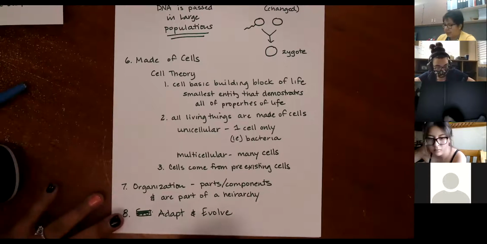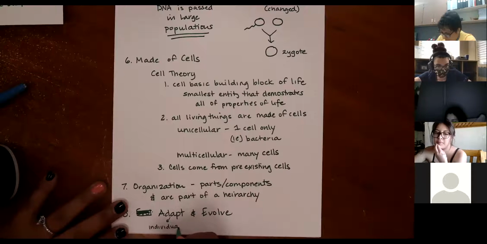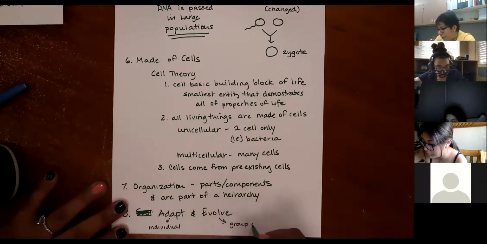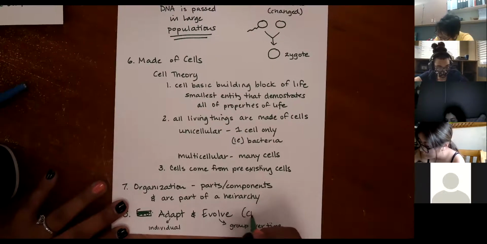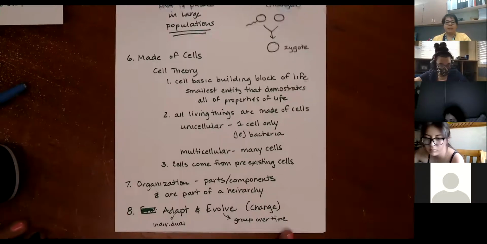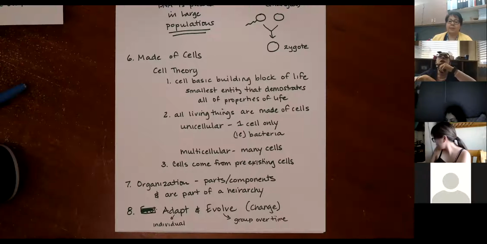Adaptation is something that we see in the individual, whereas evolution is a change in a group over time. Okay. So adaptation and evolution, what they have in common is that they are both changes. But adaptation happens in the individual, and evolution happens in a group, and it happens over a period of time.